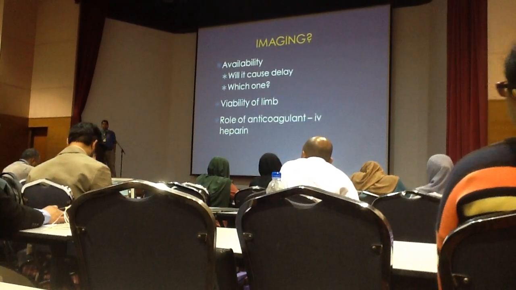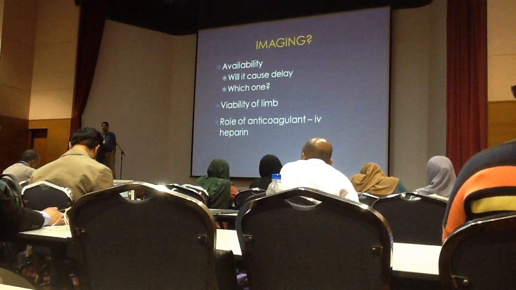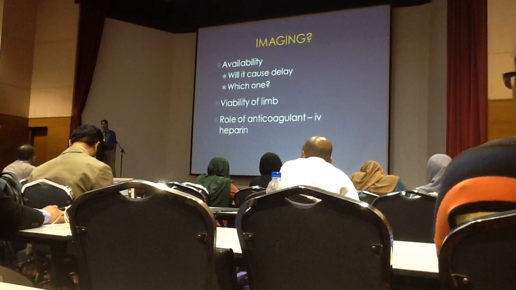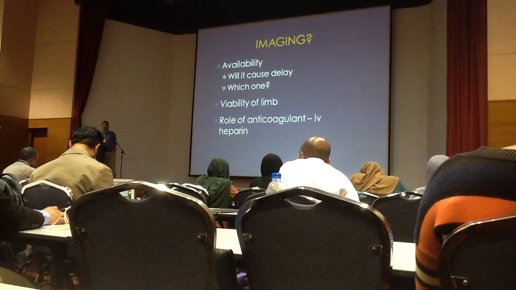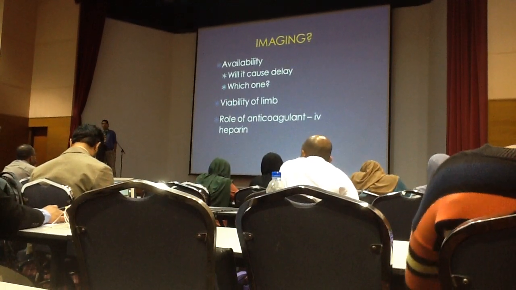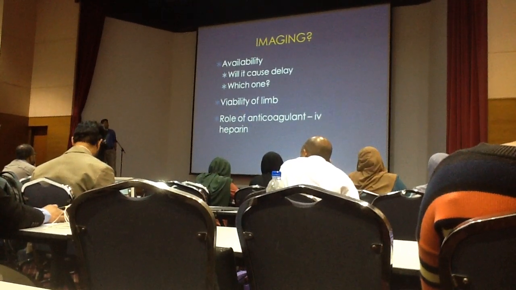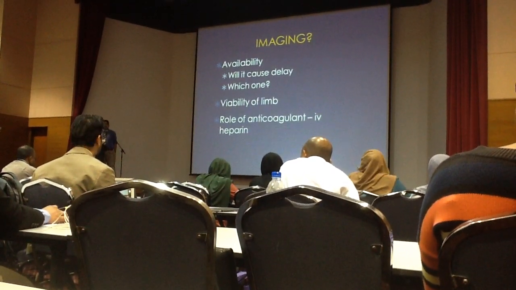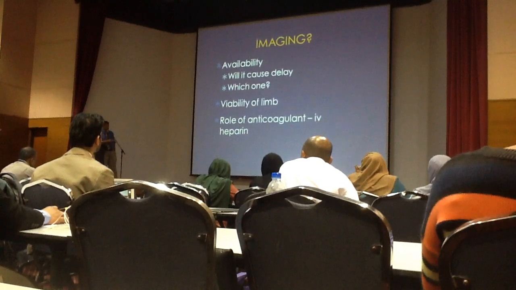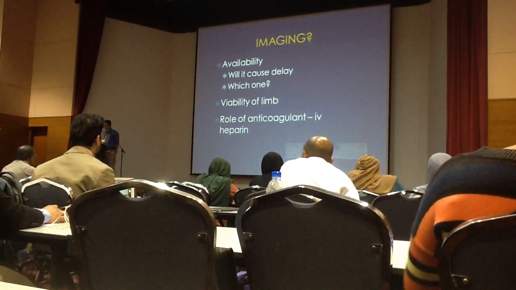Okay, the viability of the limb, as we talked earlier: if it's grade 1 or grade 2A, there's time for you to investigate, but if it's threatened grade 3, then of course there's no need for further investigation. 4 is amputation. We talked about the IV heparin.